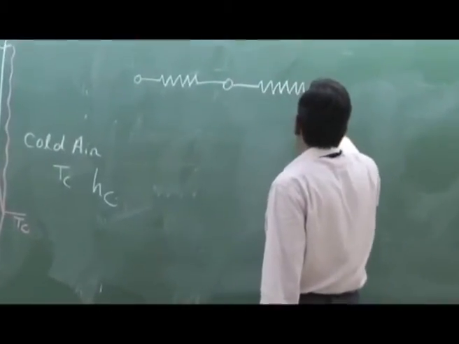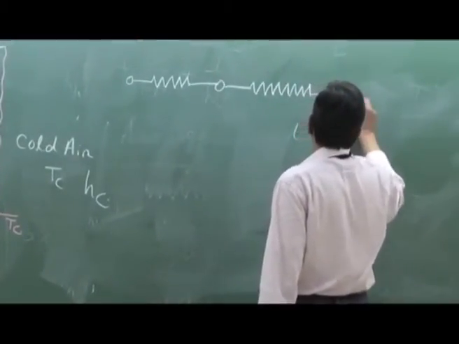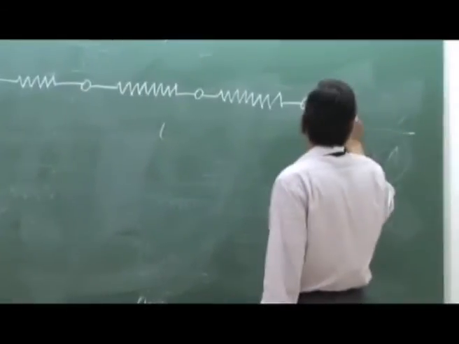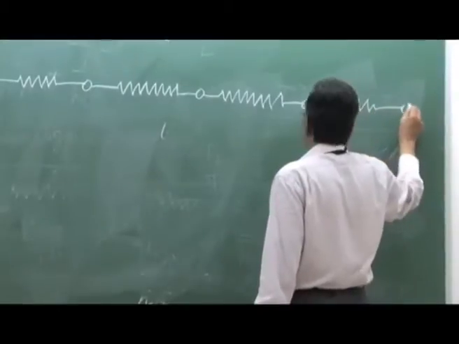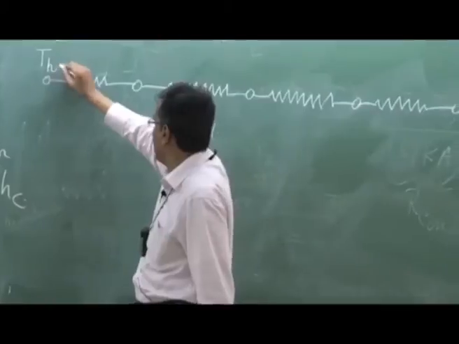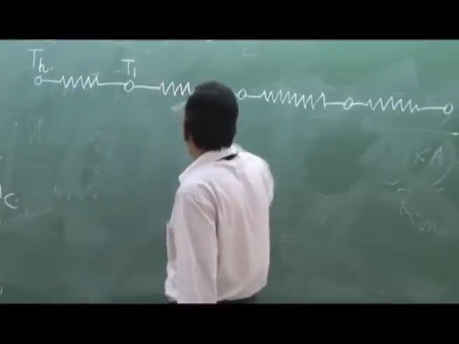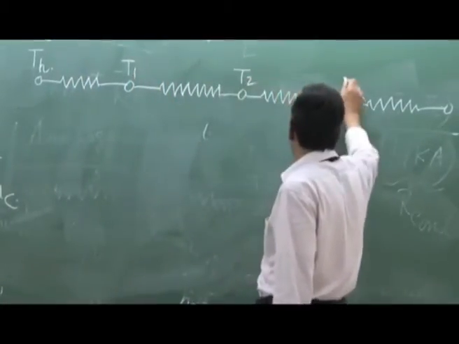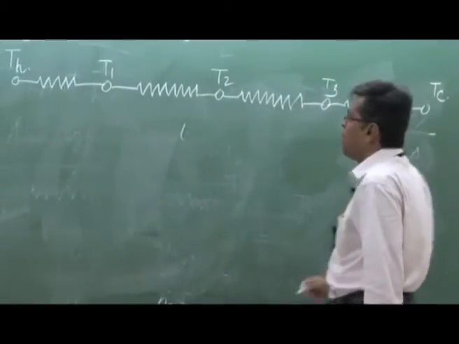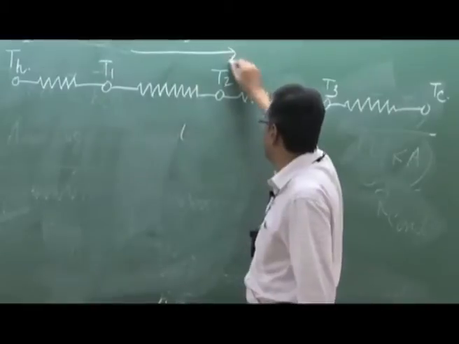It is also a series resistance problem. Very simple problem: our nodal points for potential are TH, this is T1, this is the junction T2, this is T3, and this is Tc, and the same heat is flowing.